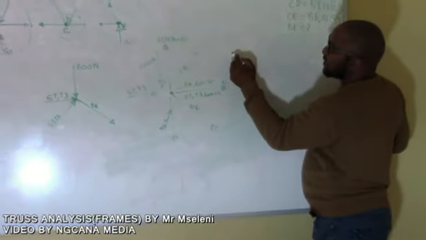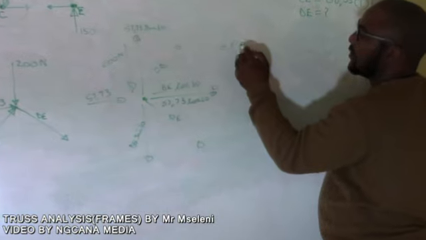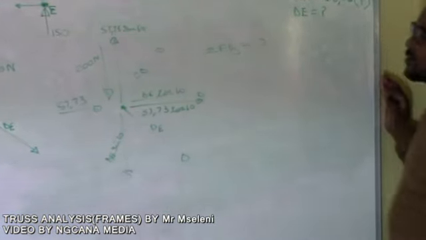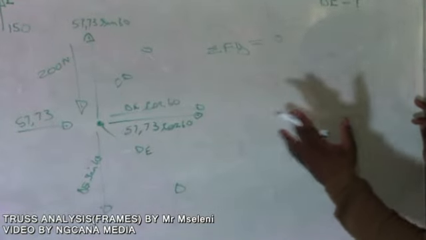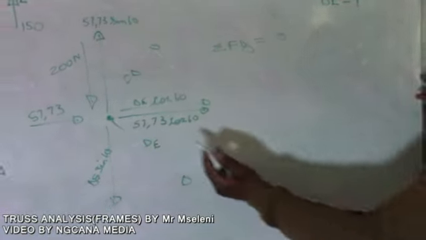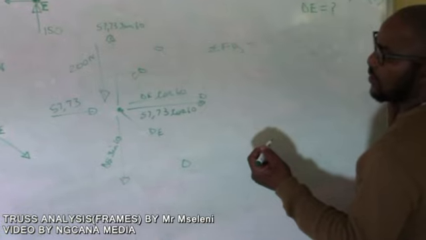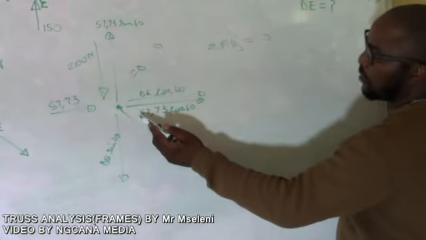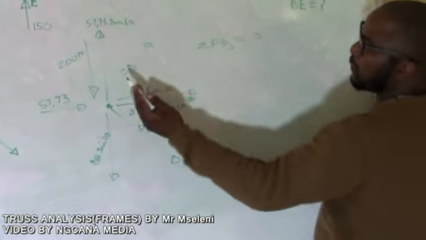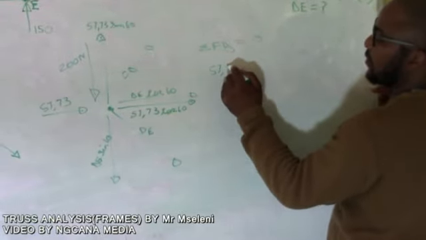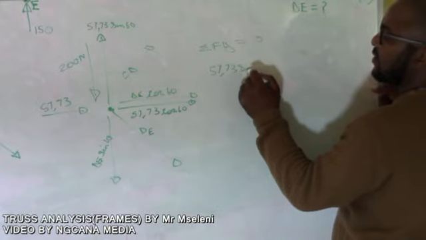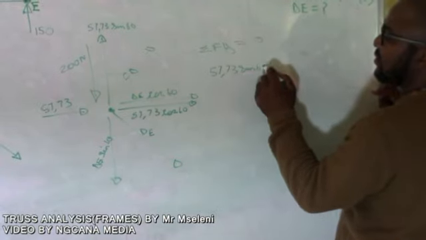So now you're going to say the sum of forces in the y direction equals 0. And then you check your forces which are acting in the y direction. If you check those forces, what do you have there? You have your component which is going up, which is 57.73 sine 60.